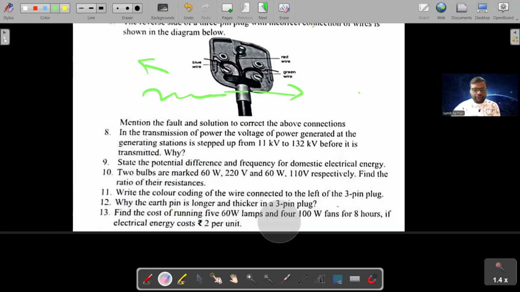Now, next: find the cost of running 5 lamps of 60 watt and 4 fans of 100 watt for 8 hours if the electrical energy cost is 2 rupees per unit.